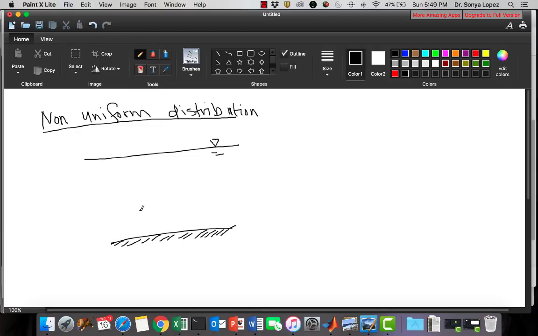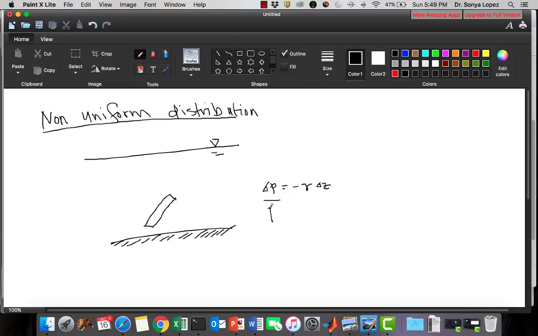Now, what if we have an object that actually looks like this? So it's a beam still, okay? But what did we learn from this equation? dP is negative gamma dz. How does pressure behave?